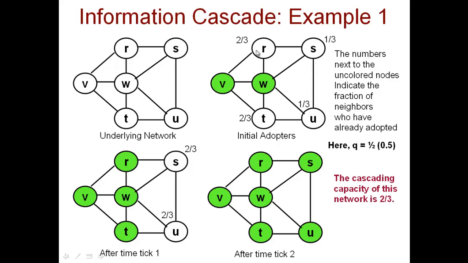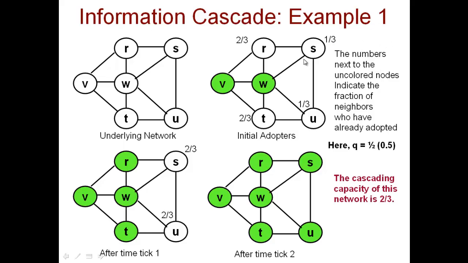Node R has 3 neighbors and 2 of its 3 neighbors have adopted the decision, or turned green. So the adoption value for R is 2/3.